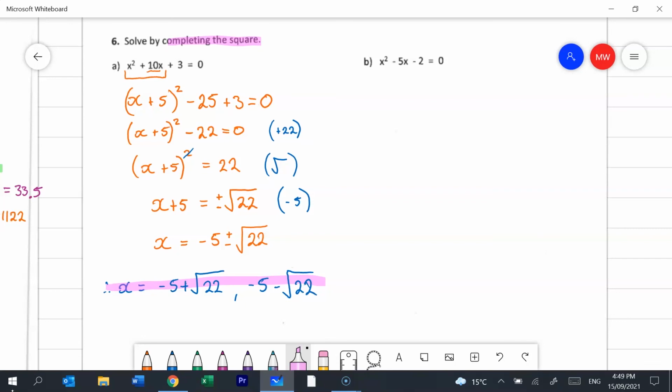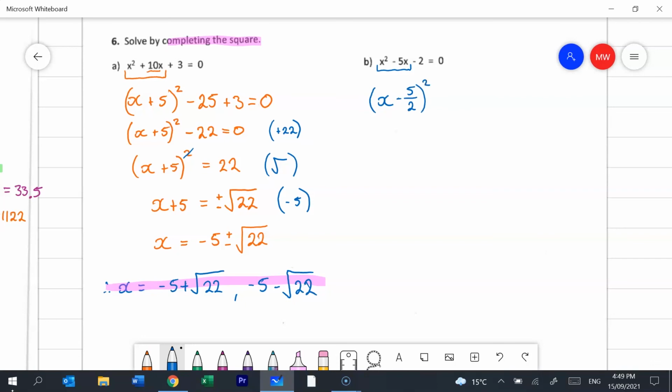All right, let's have a go at the second one, because it's a bit more unusual. So again, I'm interested in this part of the equation. So when I go to write this, it becomes x, and then half of minus 5 makes minus 5 on 2, literally half of minus 5 squared.